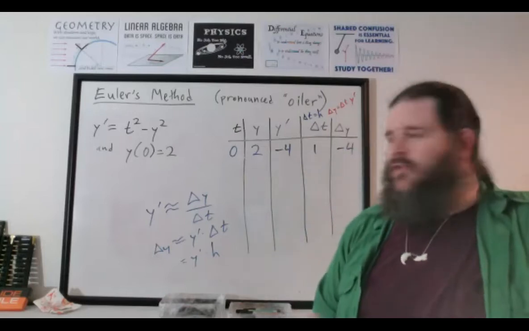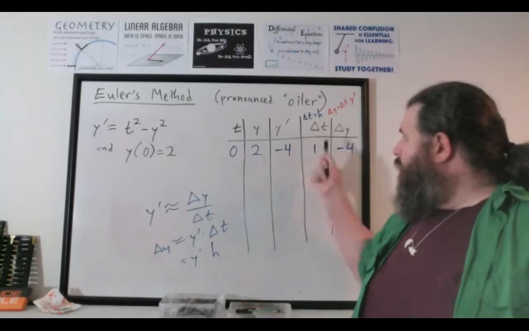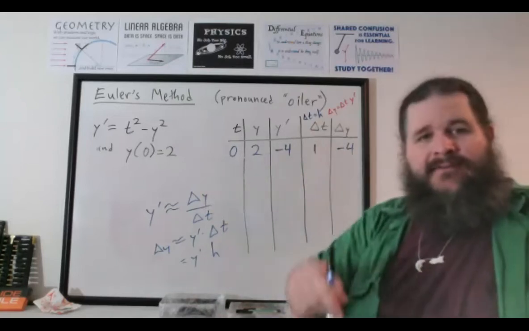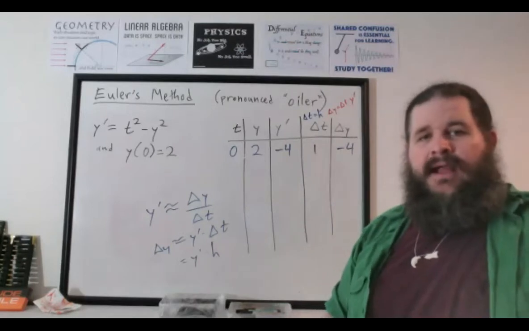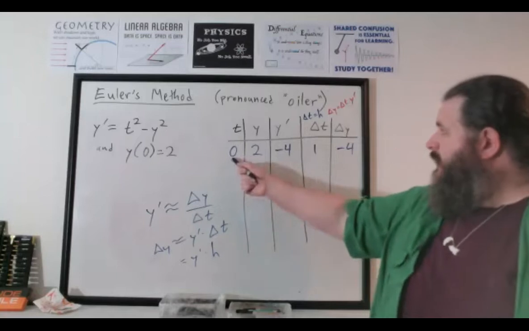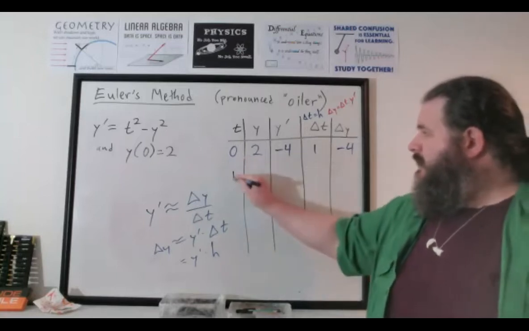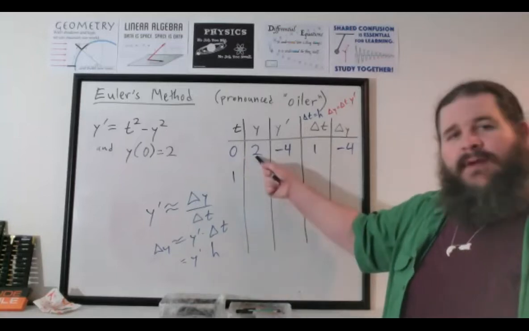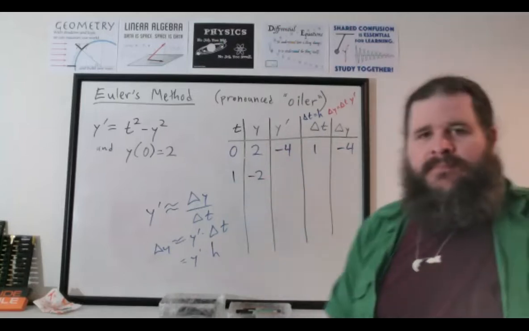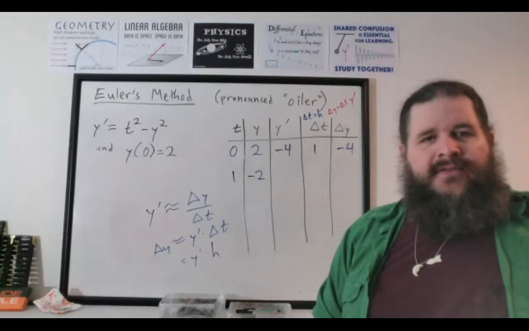So that means starting from 0, 2, we can go forward 1 in the t direction and down 4 in the negative y direction. And that means we can just add those to the original t, y coordinates. Original t value plus delta t is the new t value. Original y value plus delta y is our new y value. Any questions on that so far?